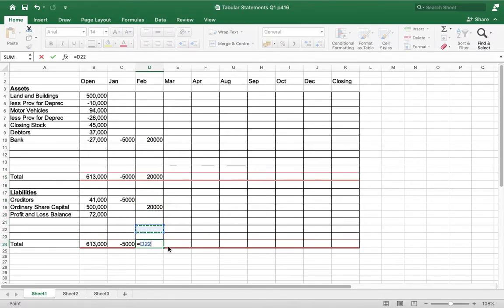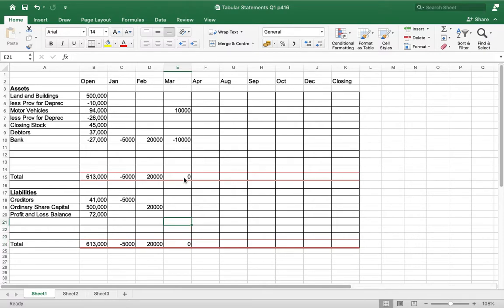If I did something like I went and bought a new motor vehicle, I'll have, let's say, a plus in motor vehicles. Let's say I'll buy a motor vehicle for 10 grand. So I have 10 grand more in motor vehicles, but I have 10 grand less in cash because I spent 10 grand out of my bank account. So the net effect there is I have the same amount of assets and the same amount of liabilities.